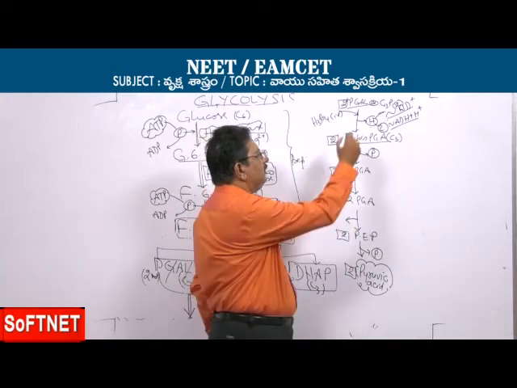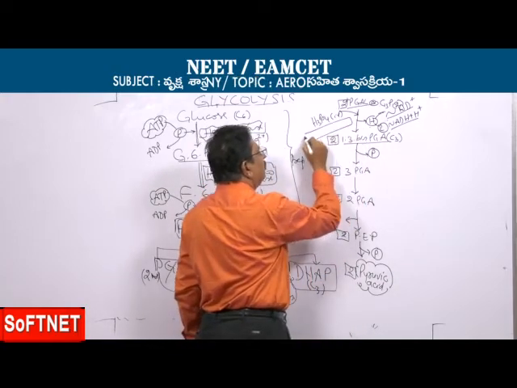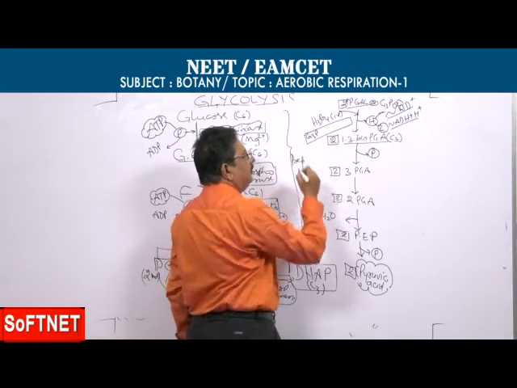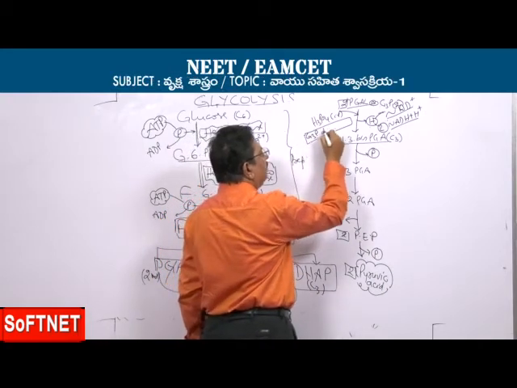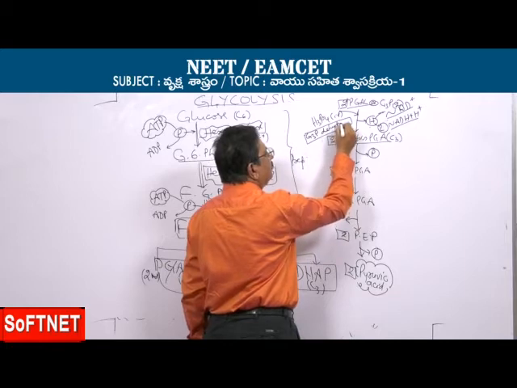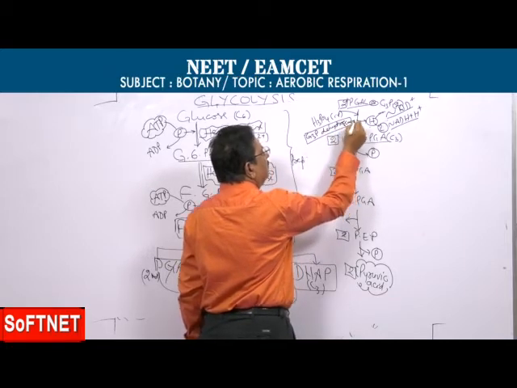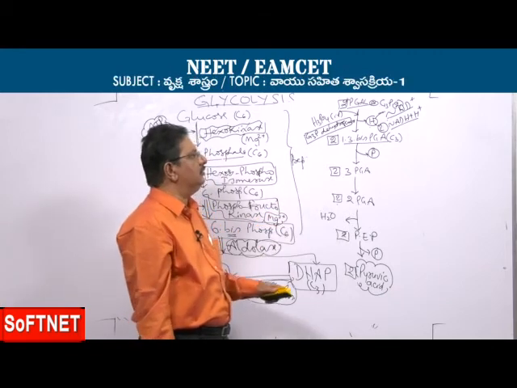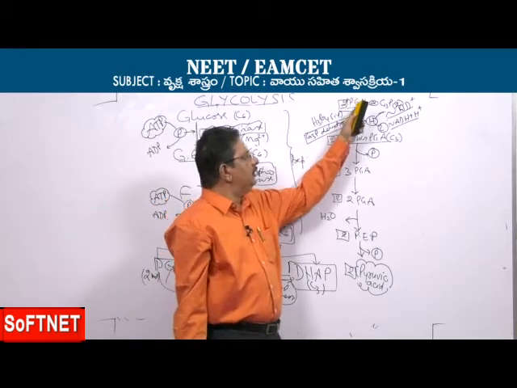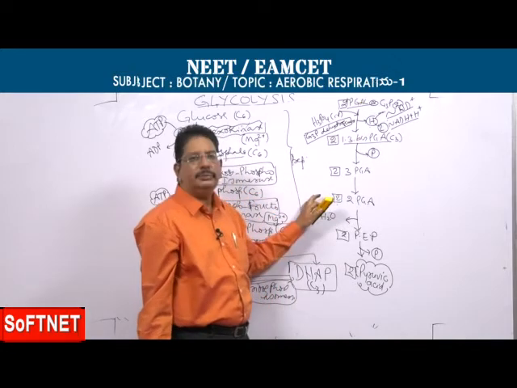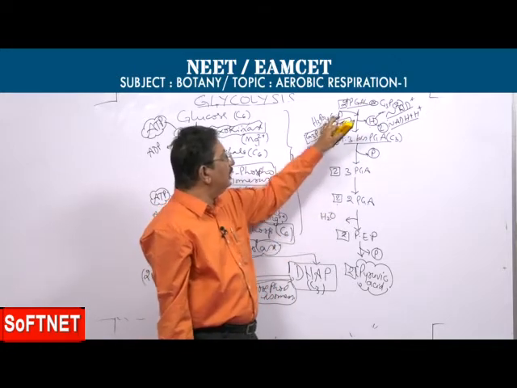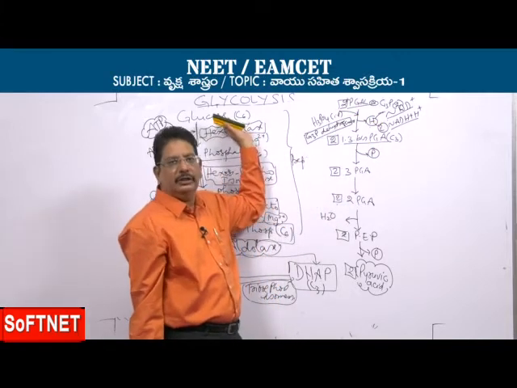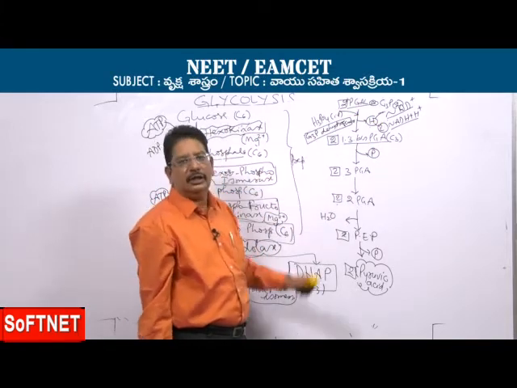The enzyme which controls this reaction is called G3P, glyceraldehyde 3-phosphate dehydrogenase. So, glyceraldehyde 3-phosphate dehydrogenase catalyzes the reaction of PGAL into 1,3-bis PGA. Here phosphate is added, but interestingly that phosphate is not from ATP, but from inorganic phosphate.